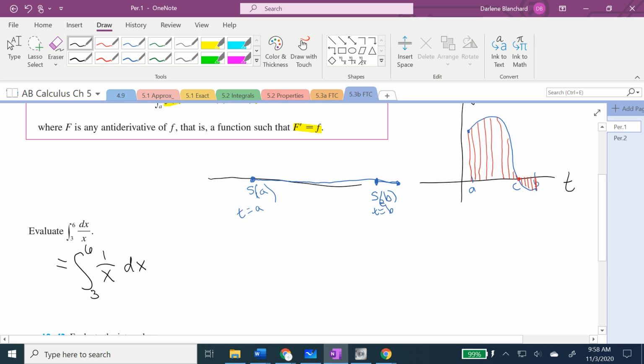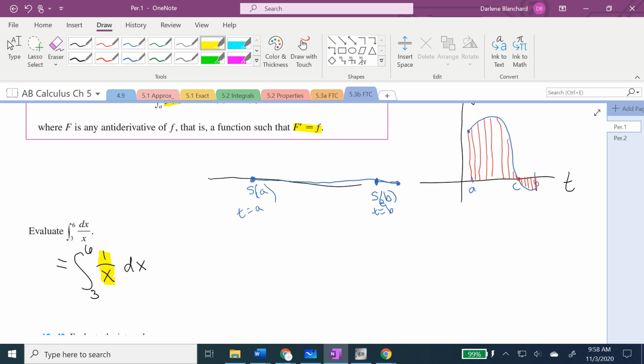So you have to separate the differential and figure out who the integrand is. And then that's your focus, is doing the antiderivative of that. Now realize that we don't really do anything with the dx, but without the dx, this wouldn't make any sense.